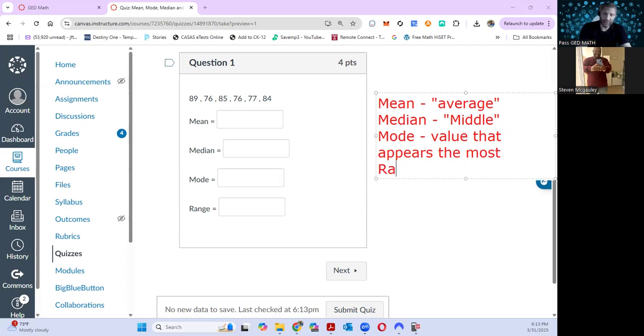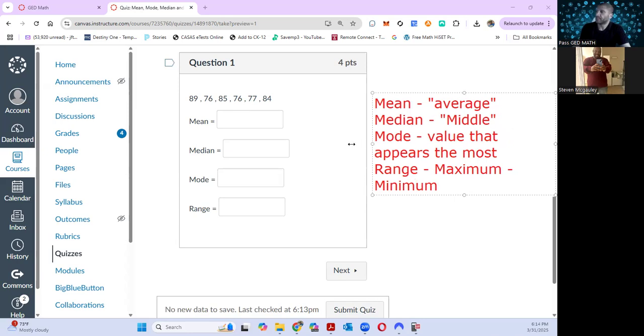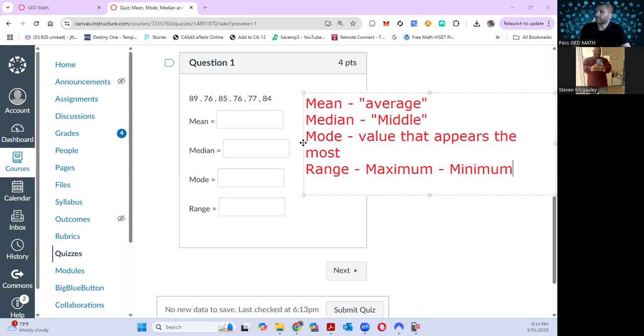And then the range is what? It's where you have to subtract. The maximum what?